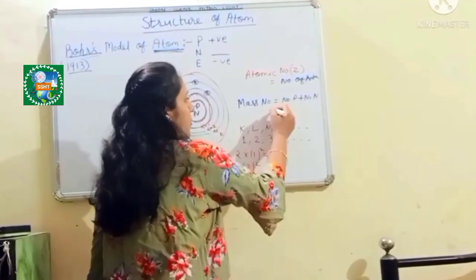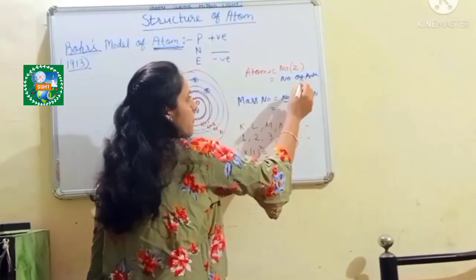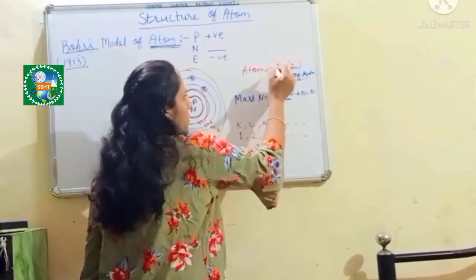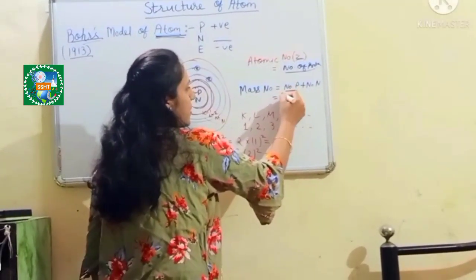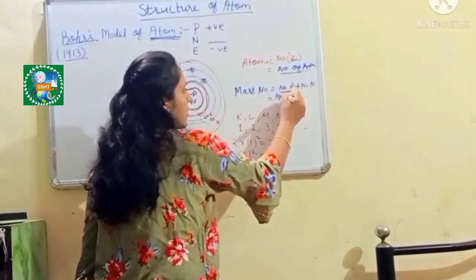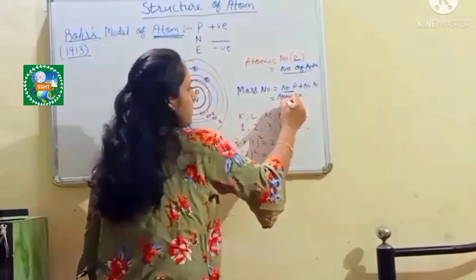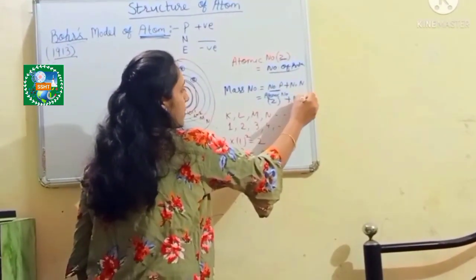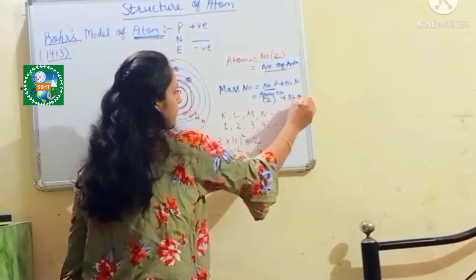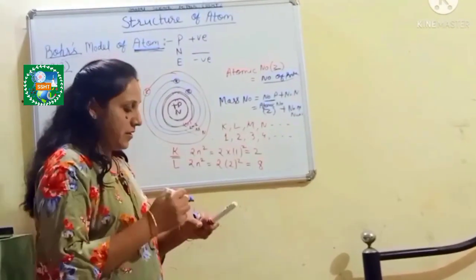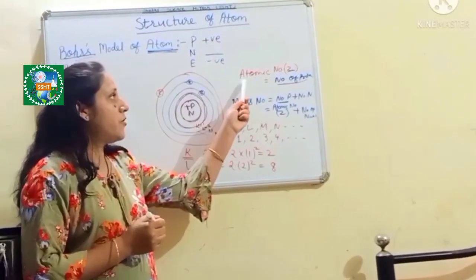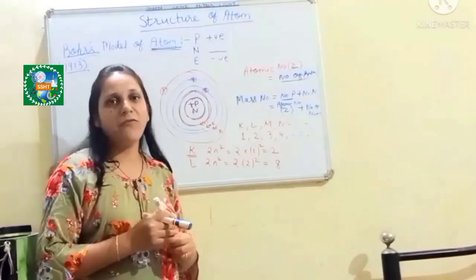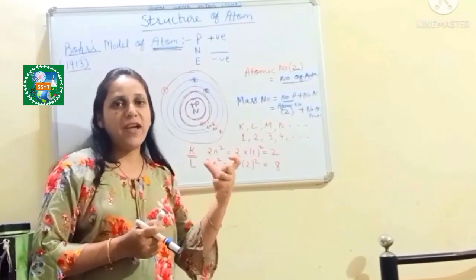The number of protons is nothing but the atomic number, so we can also write it as atomic number Z plus the number of neutrons. In this way, we can calculate the atomic number and the mass number of any atom of any element.